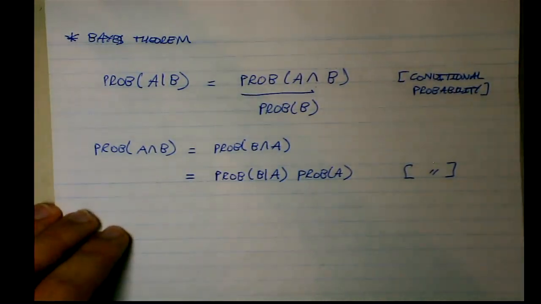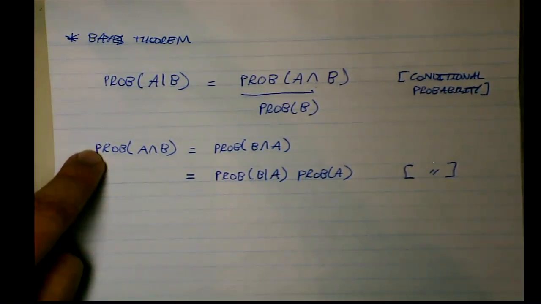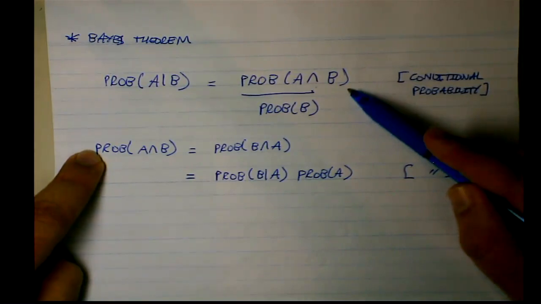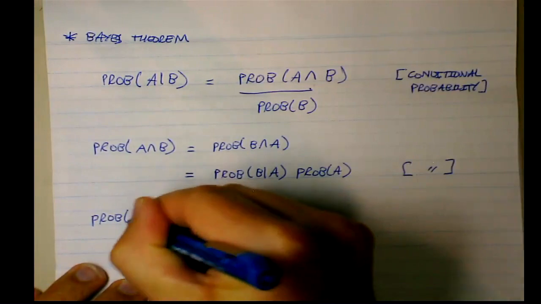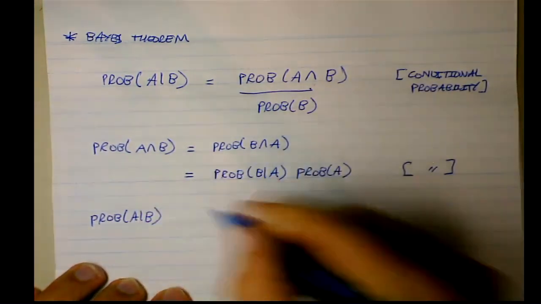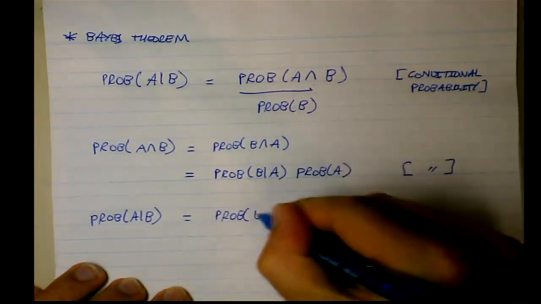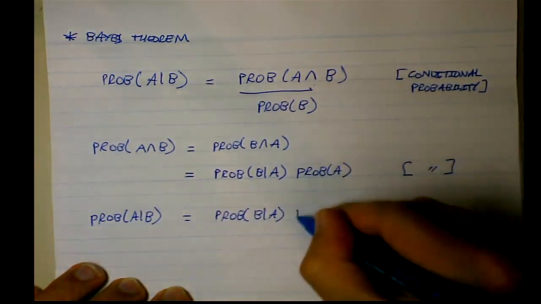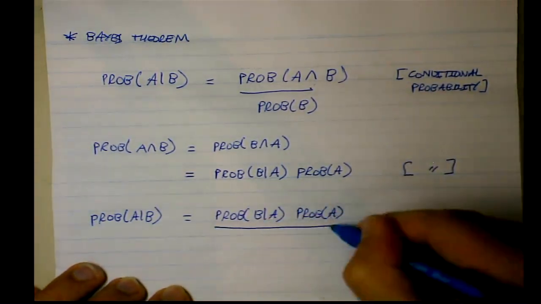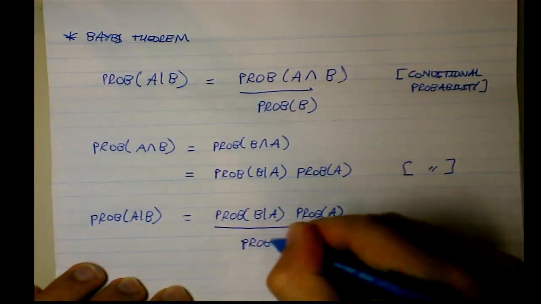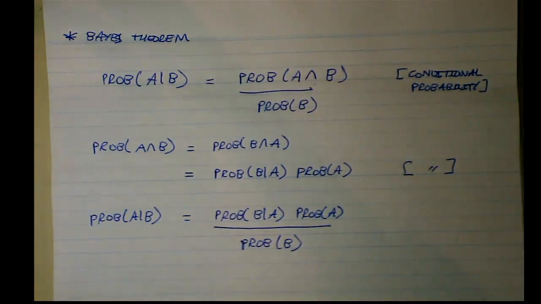So all we've done is use the definition of conditional probability twice, and now all we're going to do is replace this guy here. We're going to plug him in to the numerator over there. So the probability of A given B is equal to the probability of B given A times the probability of A, divided by the probability of B. And that's it.